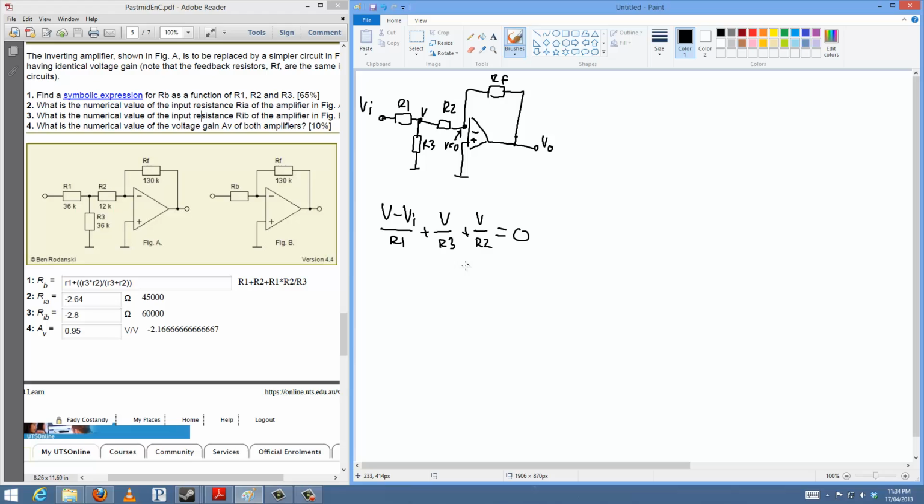If we rearrange this to get V, if I factorize V out, we end up with V times 1 on R1 plus 1 on R2 plus 1 on R3, minus VI on R1 equals 0.